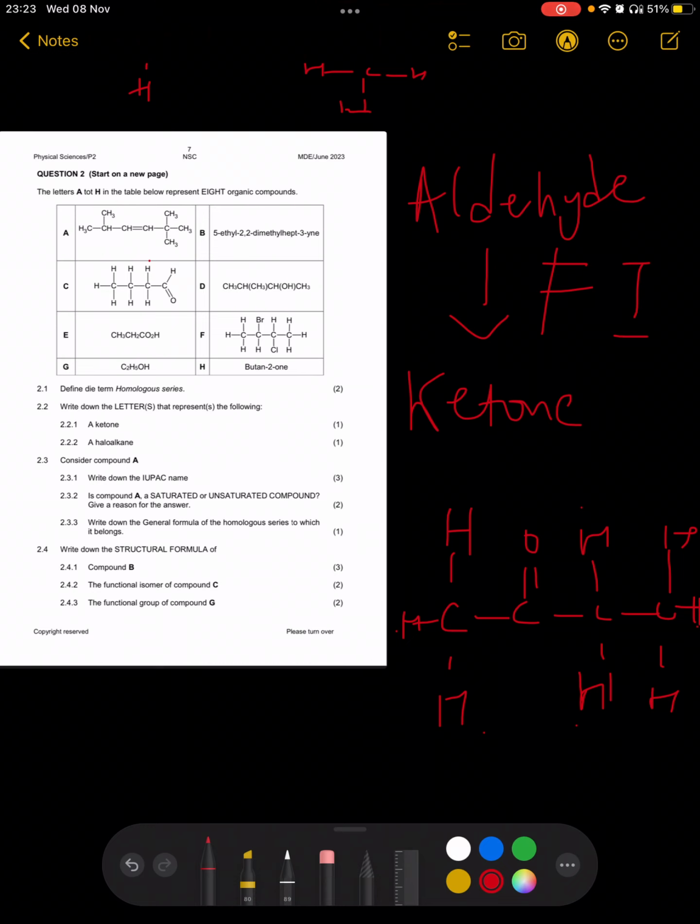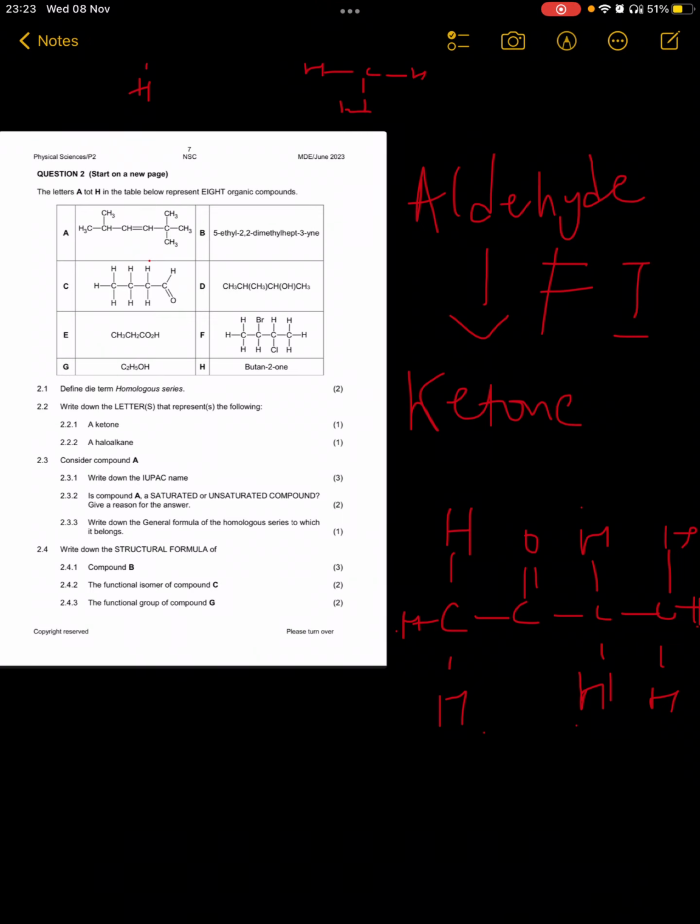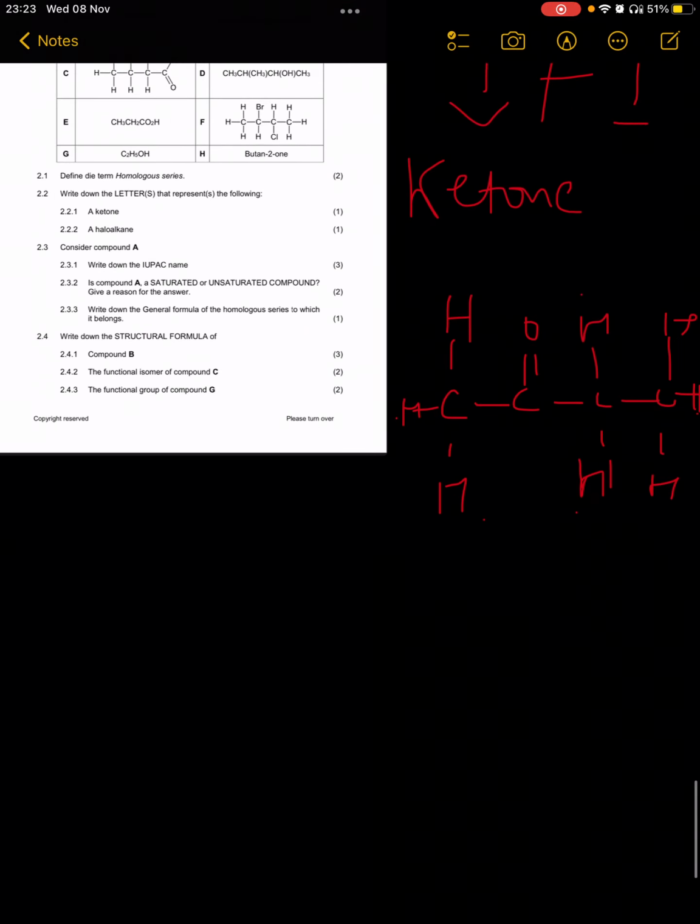And 2.4.3, the functional group of compound G. What is compound G? Compound G is C2H5OH. But they want what? The functional group. Can you see the functional group there? Not quite. So it's best to first try and draw the structure.